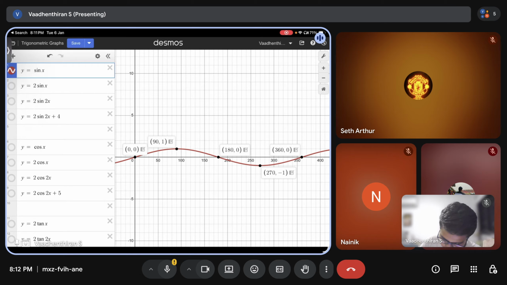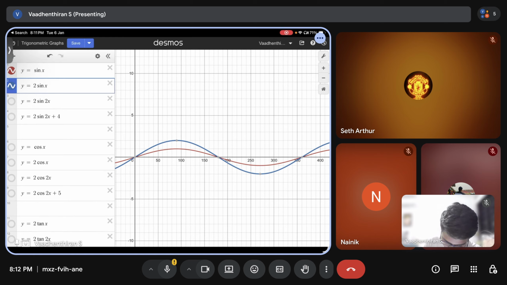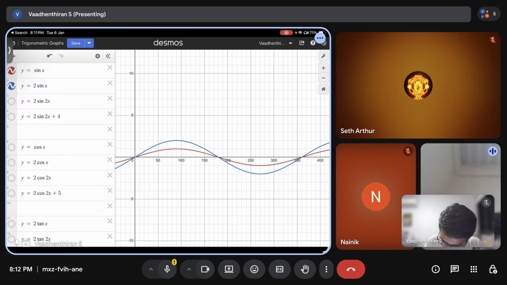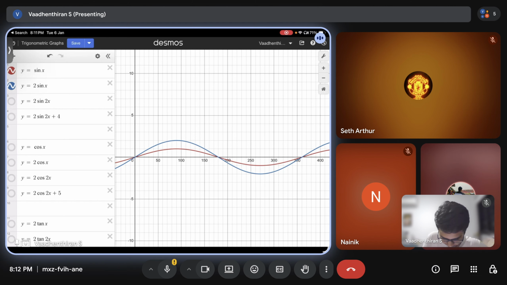So what happens when you give it y equals 2 sine x? You can compare this. The graph is stretched up and stretched down. Basically, this 2 indicates the amplitude of the graph.